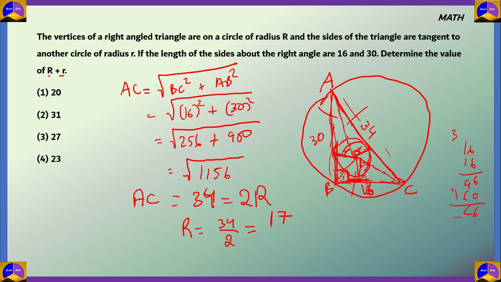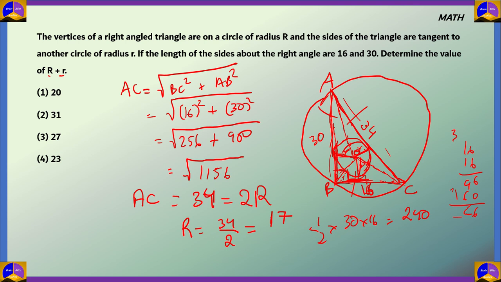Now, this is simple. We can apply half into B into C because it's a right angle triangle. And also we're given the heights of those which are not right angle. So the area of ABC would be half into 30 into 16, which would be 240 units squared, as we're not given any units.